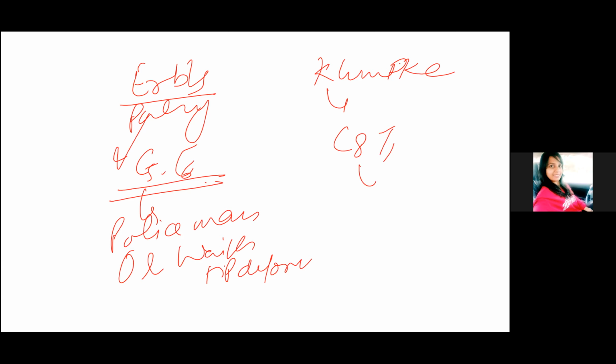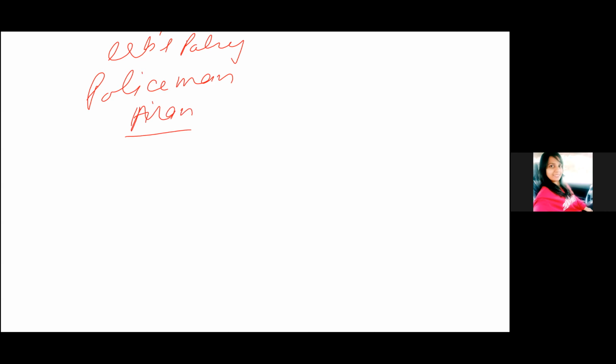And in Klumpke's, we have the deformity that is beggar's hand. So in the policeman, it means Erb's palsy. In Erb's palsy, policeman's tip deformity is seen, or waiter's tip deformity is seen.